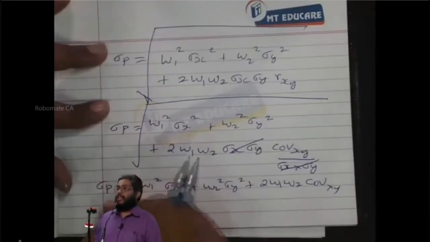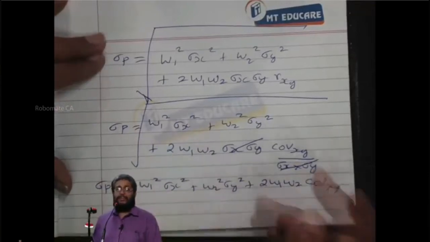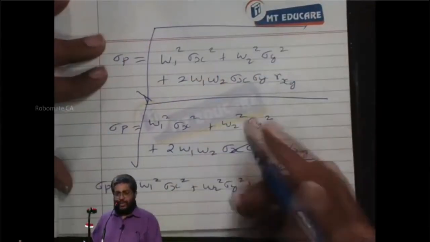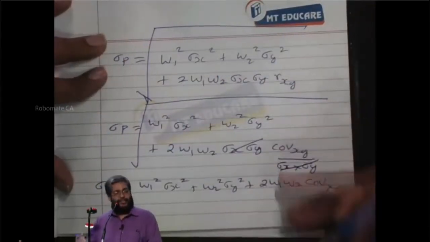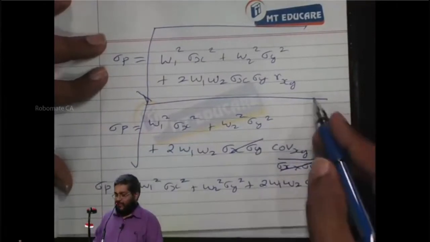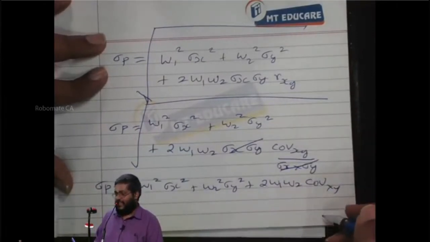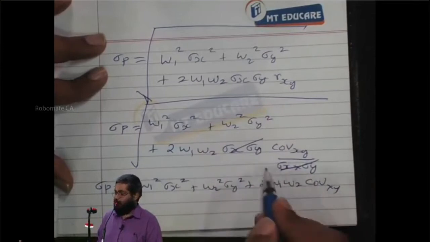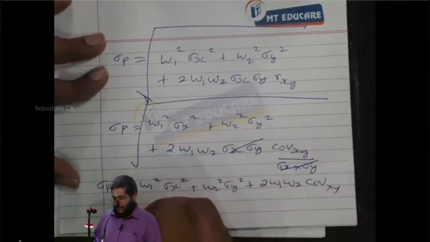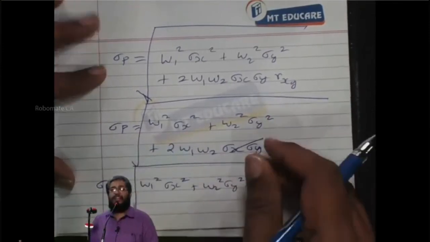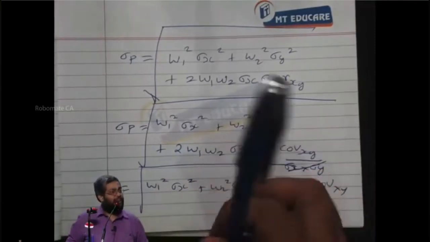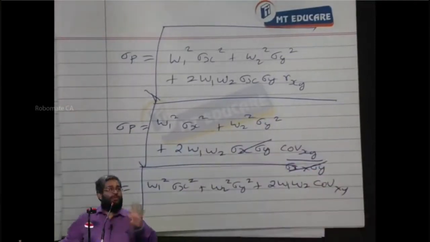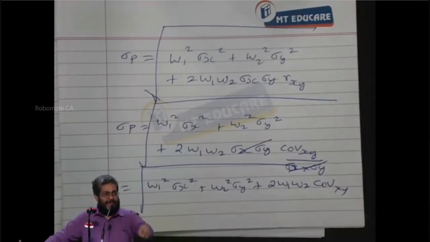Suppose the problem does not give you the correlation coefficient, but gives you the covariance between two sectors. Now don't think how to apply the formula here. The other formula also exists where, instead of correlation, you express the covariance of x and y, where sigma x sigma y gets cancelled. So this is another formula for calculating the standard deviation of a portfolio. Respond. Are you following or not? So now tell me, we know two formulas for portfolio, both are the same only. It depends on the data given in the question.